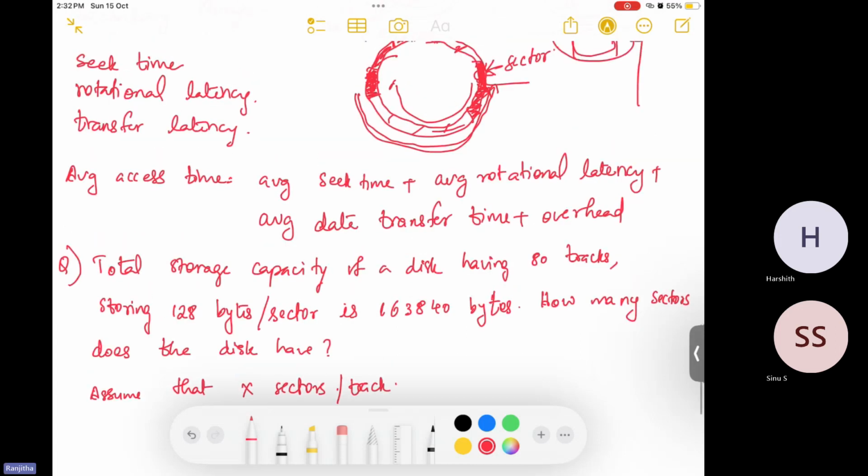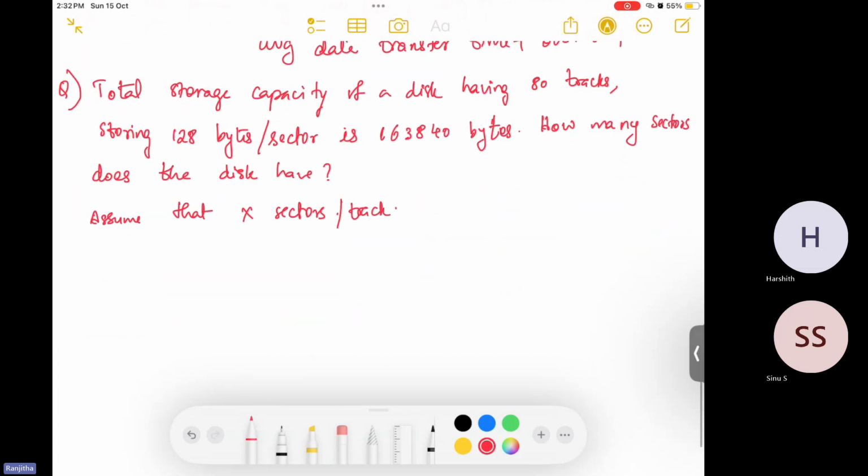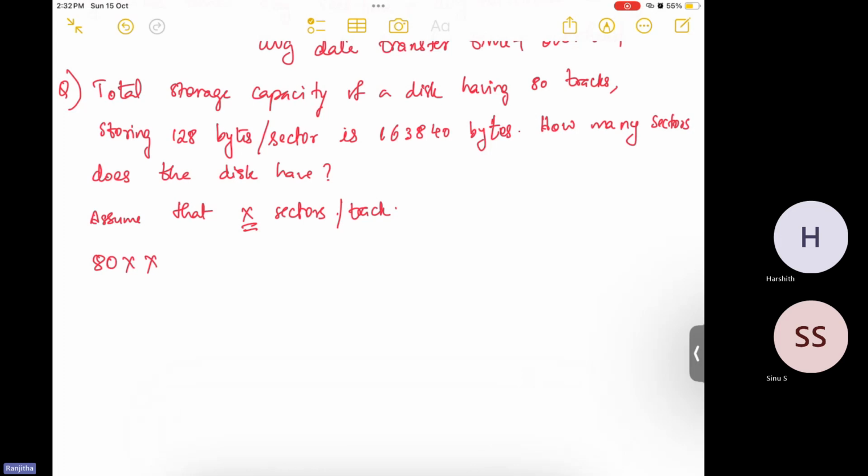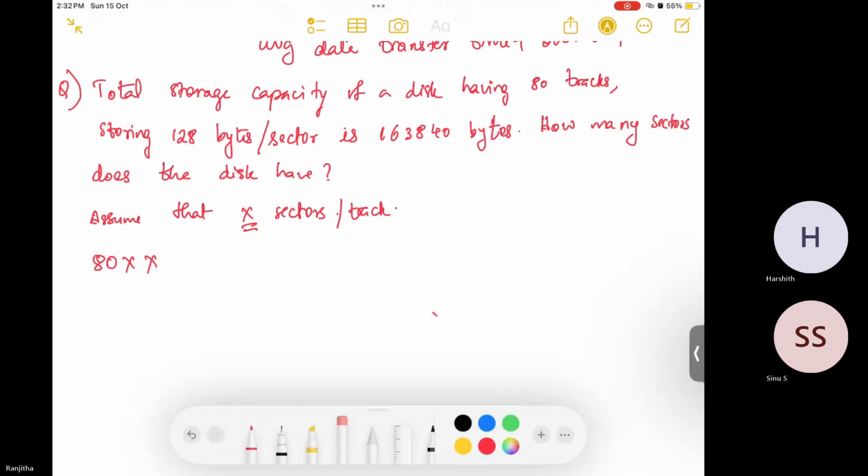We have 80 tracks, so 80 into S will be the total number of sectors on the whole disk, and each sector stores 128 bytes, so 80 into S into 128 will be the total storage on the disk.